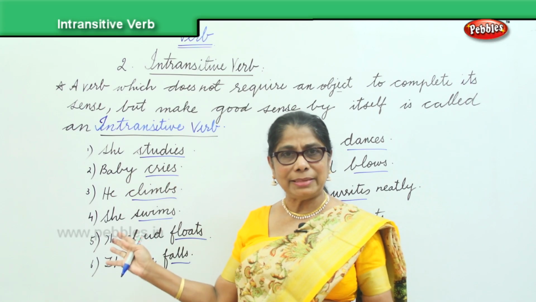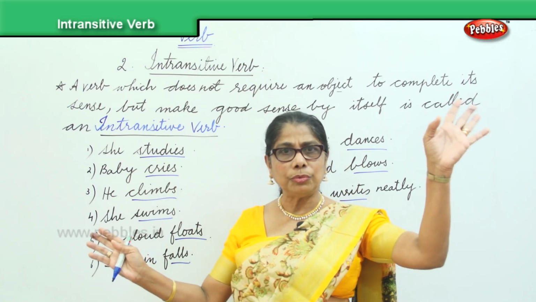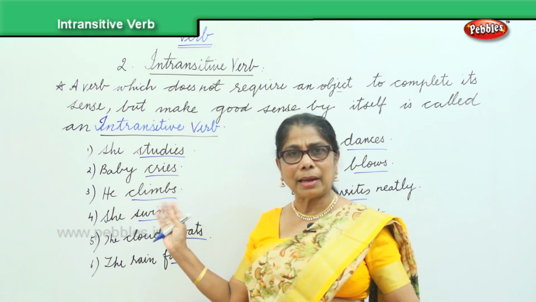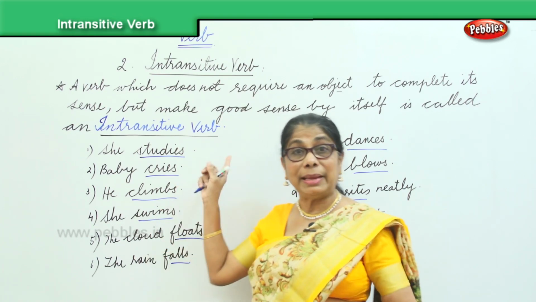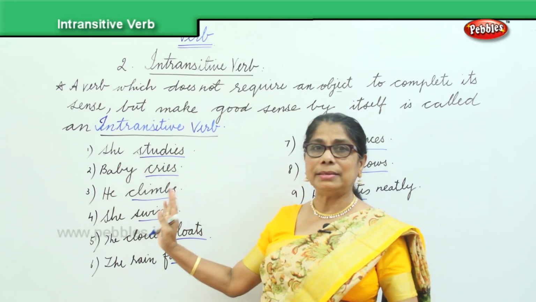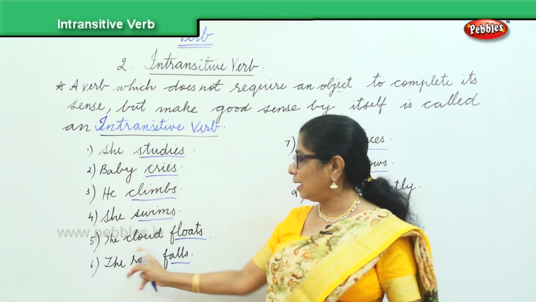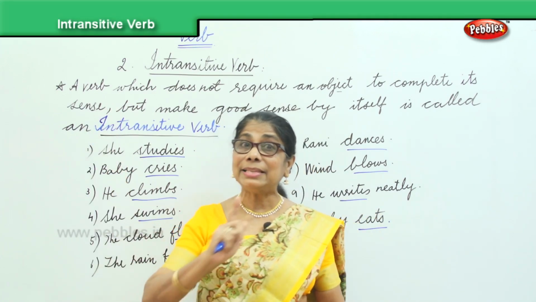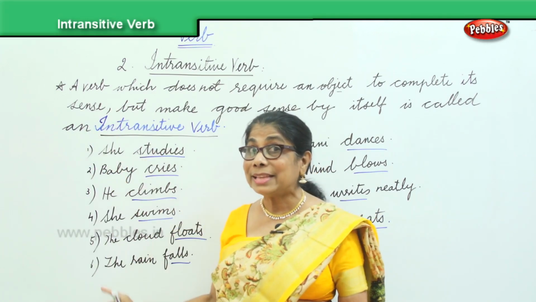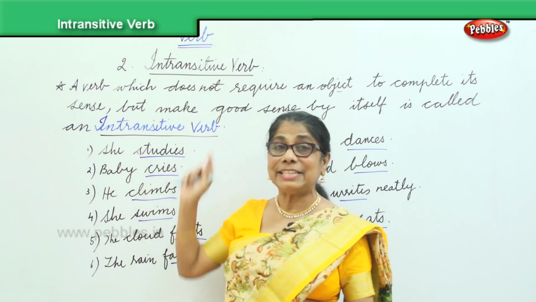It makes sense by itself. The cloud floats, the sun shines, baby cries, baby eats. It completes by itself. She studies. The cloud floats. Rain falls. It makes complete sense by itself. So we call this an intransitive verb.